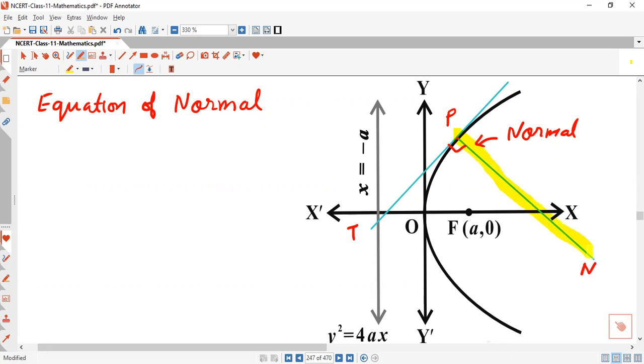So I would like to write down the equation of this normal. Point P is given to us; let's say the coordinates of this point P are x1, y1.